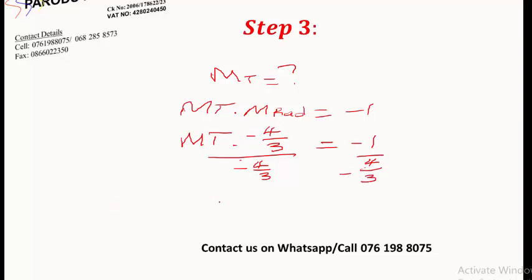Now what you get is mt. The gradient of the tangent is equal to 3 over 4 positive. Now this you can cross multiply, bring that side, multiply, and then everything is all good. This is how you found the solution. That's your mt. Now let's look at how to find the equation of the tangent, right?